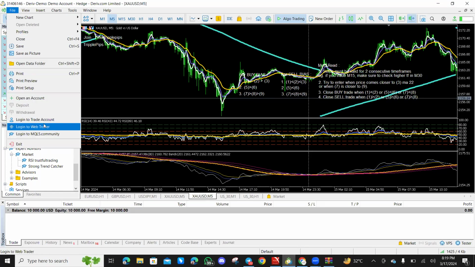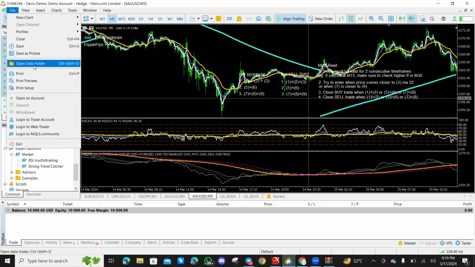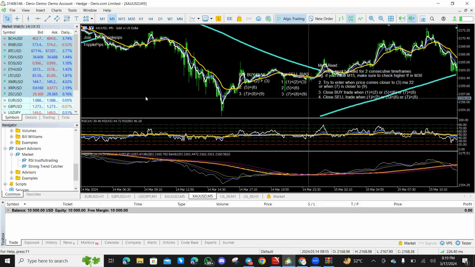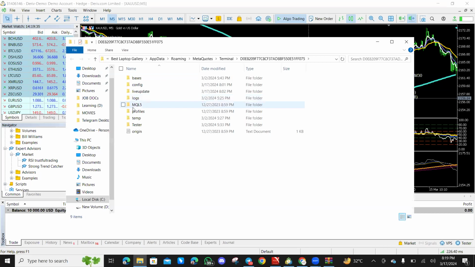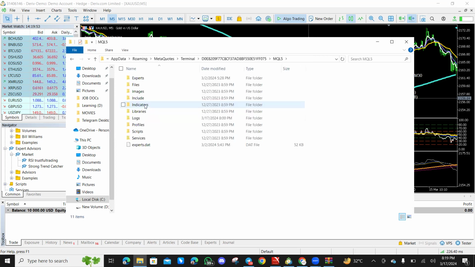From MT5, you need to go to the File section and select Open Data Folder, whose shortcut is Control Shift D. Now, when you open this data folder, you have to paste those templates into the temp folder. Sorry, not on this folder. It could be over here.